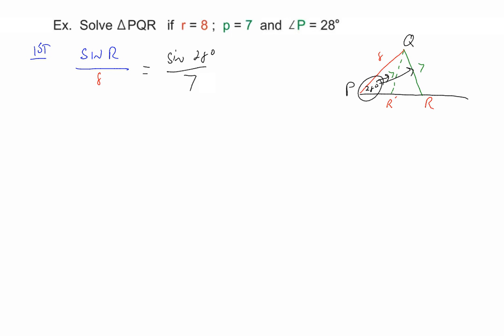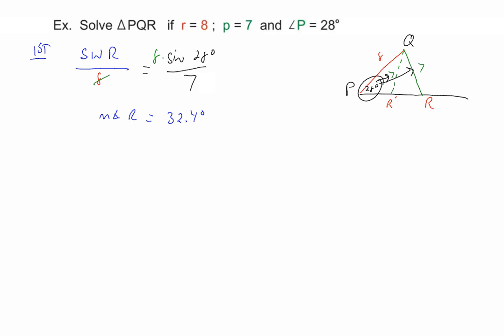Now we got to solve this. Things at the bottom go to the top across the equal sign. Remember, you're punching your -1 button. When you punch this out, it's 32.4 degrees.